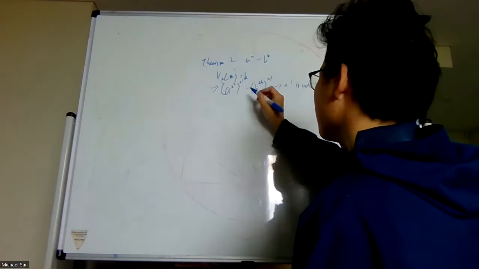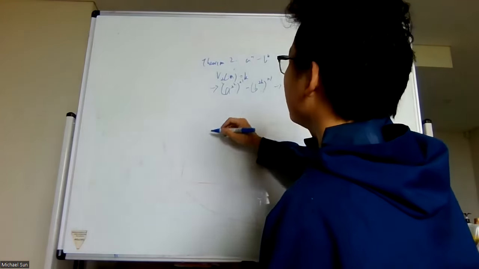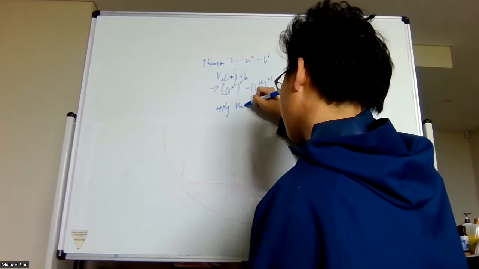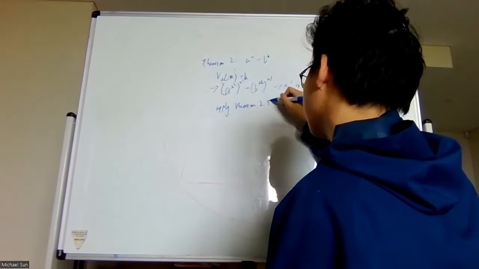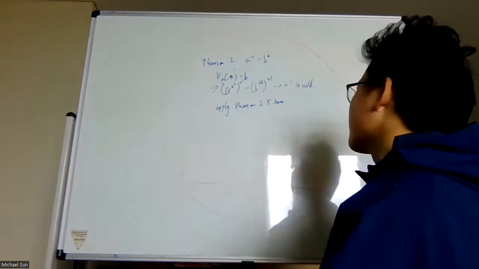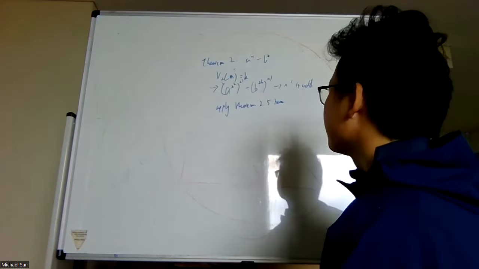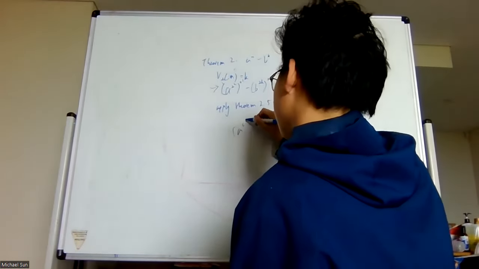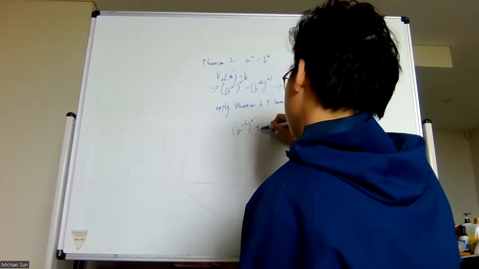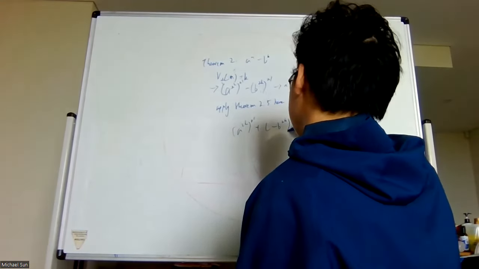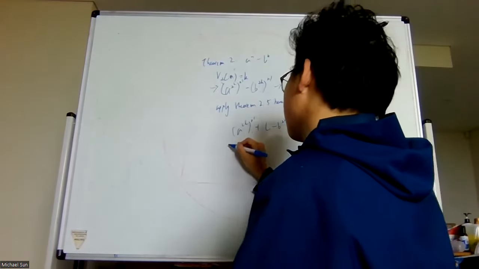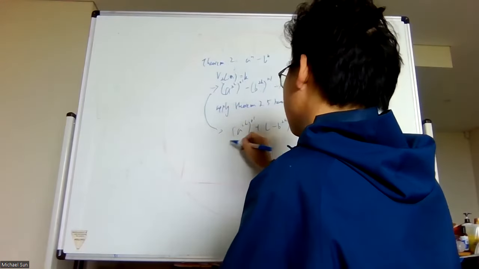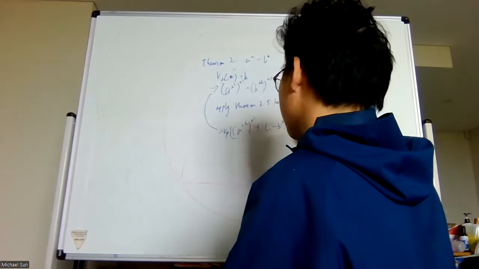And proceeding from here, we have a 2^k n dash plus negative b 2^k n dash, right? Which VP this.